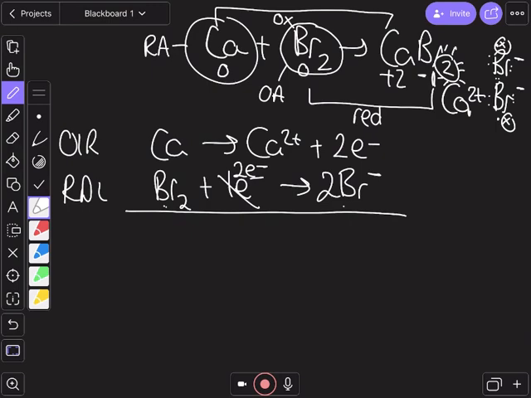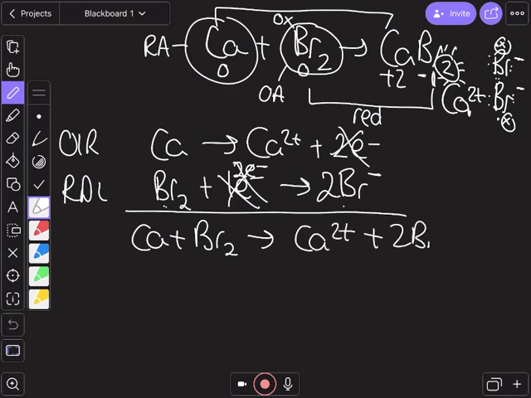So my 2's here are the exact same. I have 2 electrons, so these cancel. So this is balanced. Then it becomes calcium plus bromine goes to Ca2+ plus 2Br-, which in reality is CaBr2.